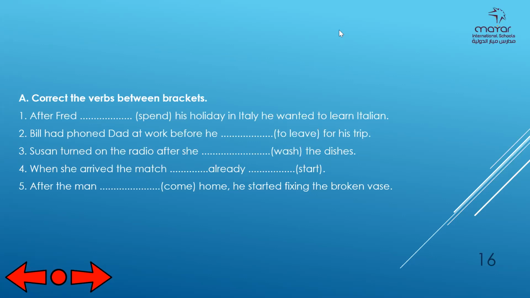After Fred had spent his holiday in Italy, he wanted to learn Italian. Thank you. Wanted. And you have here after. We said after is followed by had plus past participle. So after Fred had spent, after he had spent. Thank you so much, Aya.